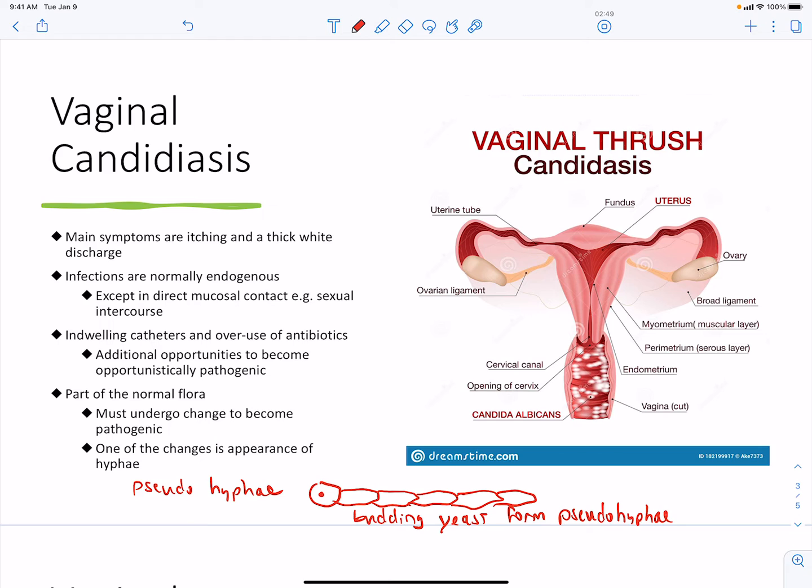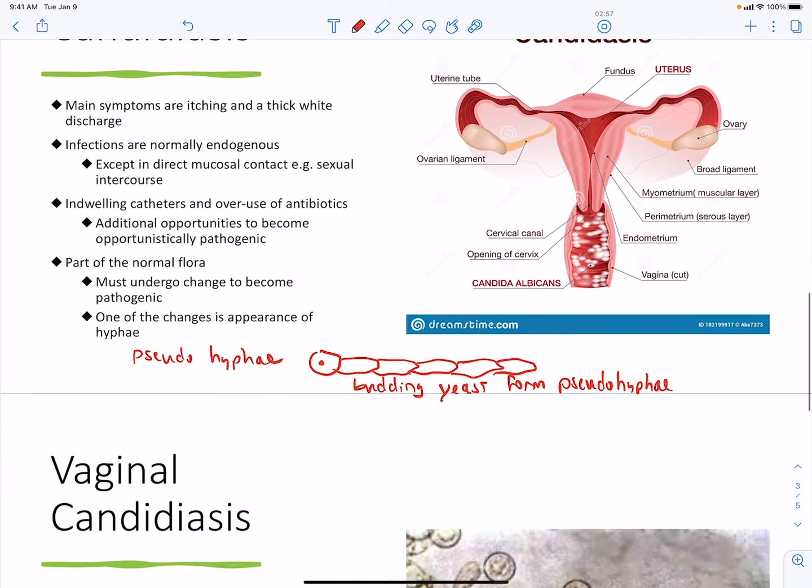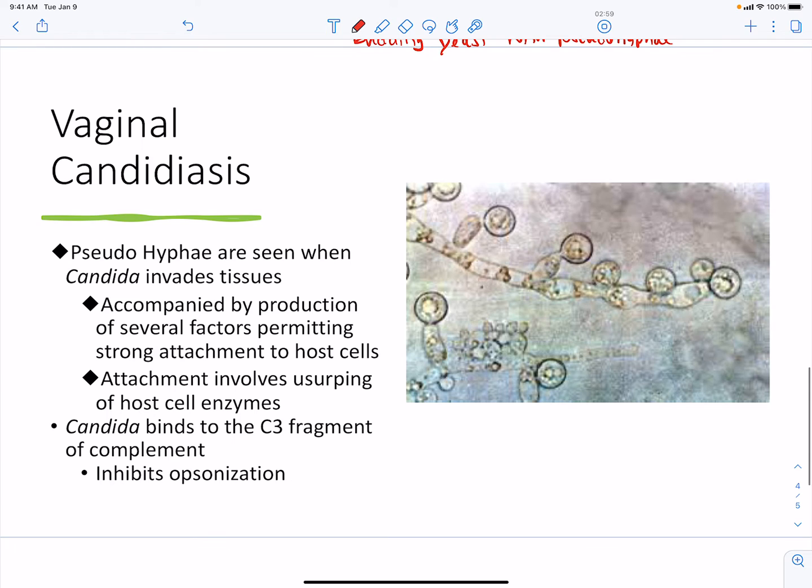But they do have characteristics of hyphae in that they release digestive enzymes so they can digest your tissue, so they can become more invasive. Now, pseudohyphae, which is shown here, is going to allow invasion. So again, you're going to have attachment to host cells and digestion of host cells.